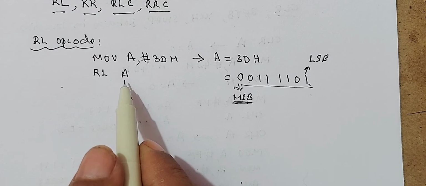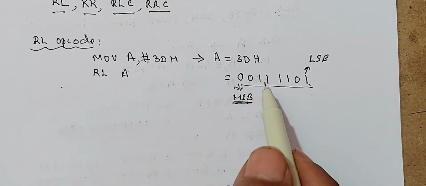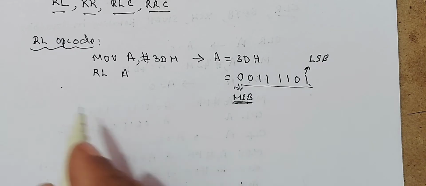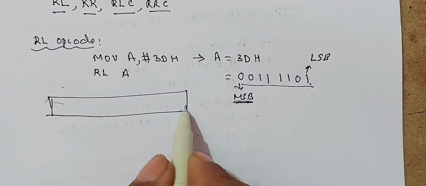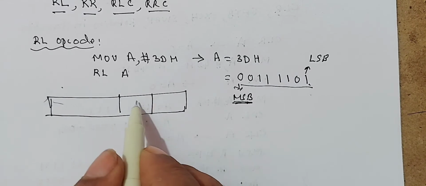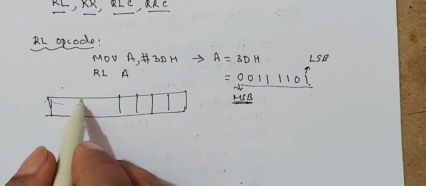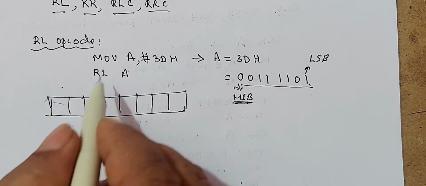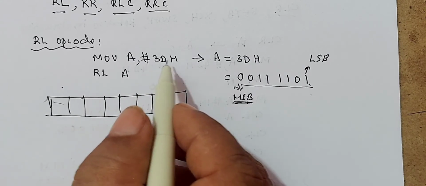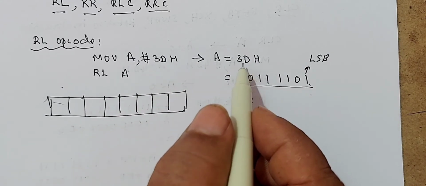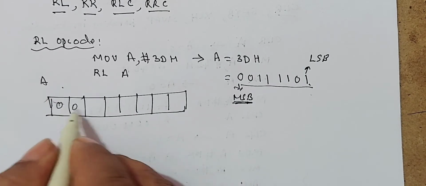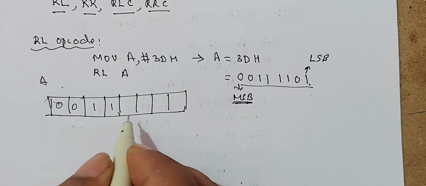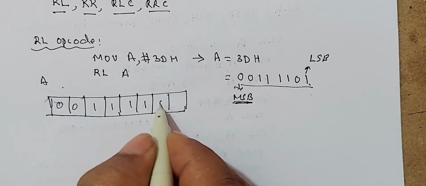Now A is 00111101. A is an 8-bit register, so in register A the number 00111101 is stored.